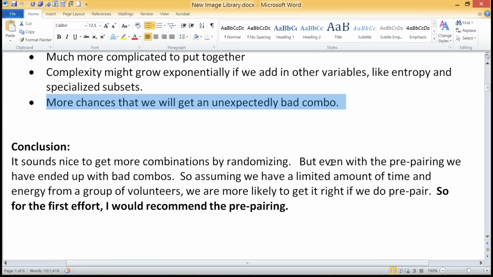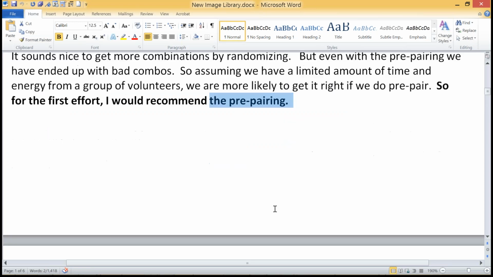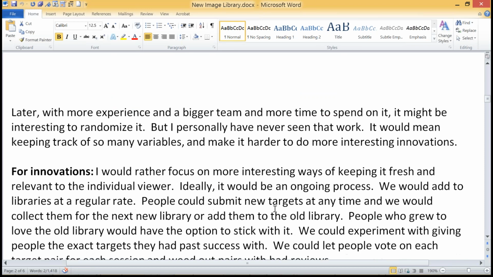Assuming we can barely get it working with pre-pairing, random combinations would make it almost impossible to avoid bad combinations. So given our limitations for a first effort, I would recommend pre-pairing.